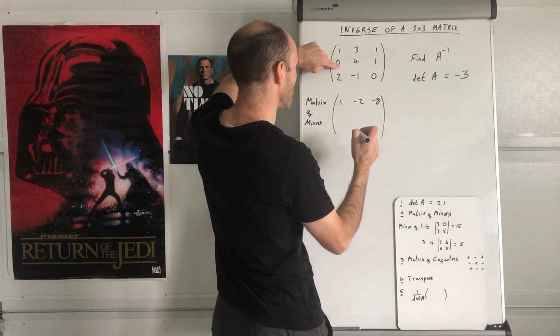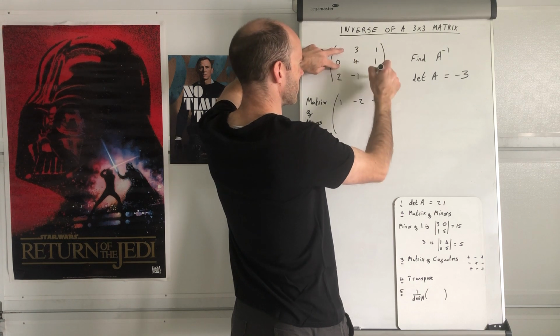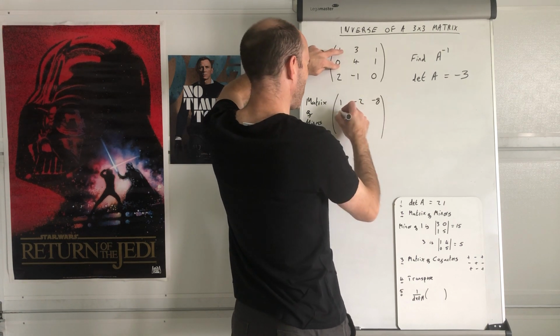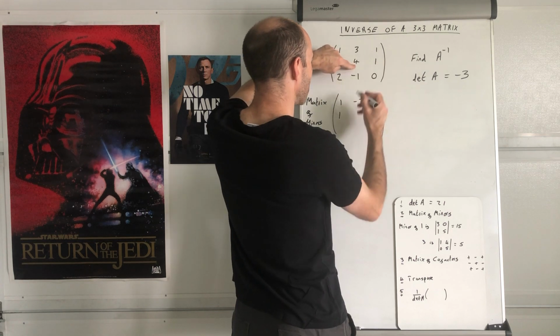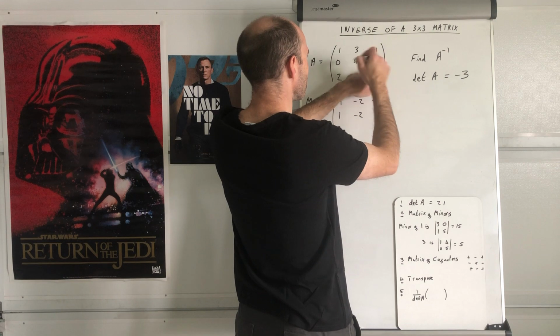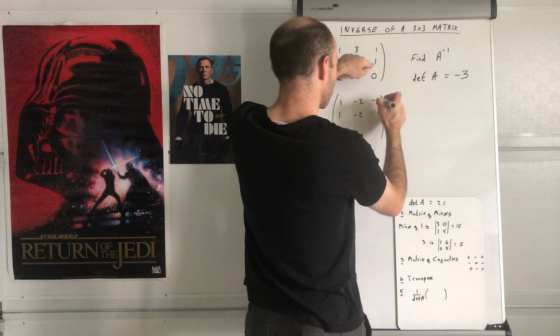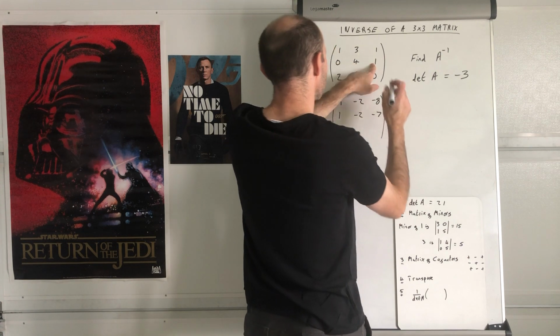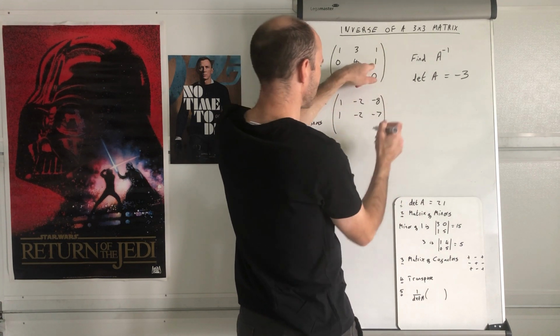This one there is going to be 1. This one there is going to be 0, -2. And this one there is going to be -1 subtract 6, -7. Check that. -1 subtract 6, yeah, -7.